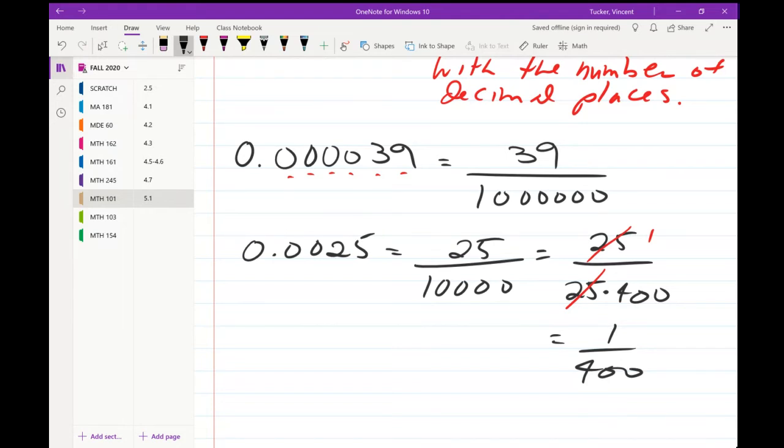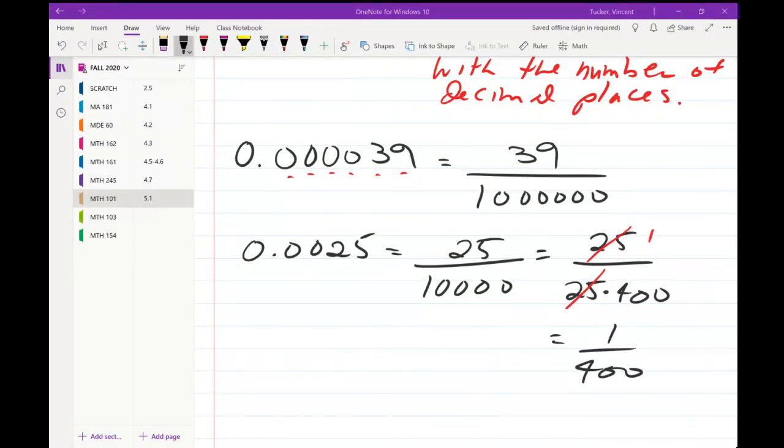Any questions so far? Yes, Mr. Gray. I missed how you got the 25 times the 400 on the denominator. Well, you have to reduce. It's not necessarily going to tell you to reduce, but they're going to expect you to reduce from this point forward.